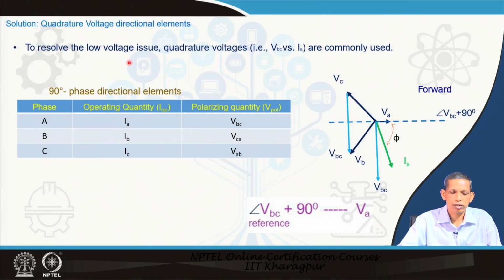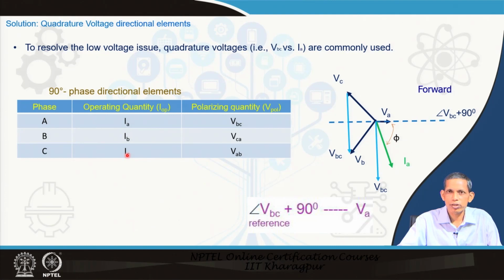and then we can get a more reliable directional solution. So, to avoid those low voltage situations, the common practice is that for a phase A fault, the operating quantity is IA and the polarizing quantity becomes VBC instead of VA. For B, it is IB current and VCA, not VB.